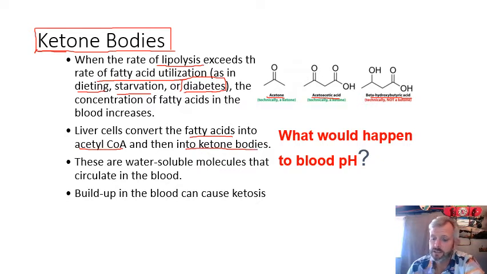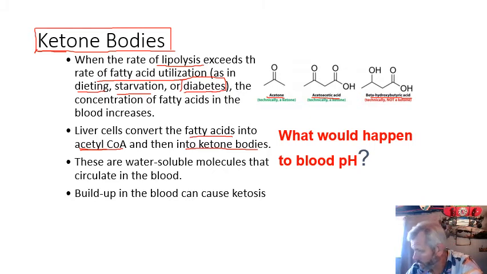The key is this is a source of energy. Your cells can use ketone bodies to form back to acetyl-CoA. And where can we use acetyl-CoA? Yeah, we can bring it into the citric acid cycle to make energy. So many of your cells can use ketones as fuel to make ATP.